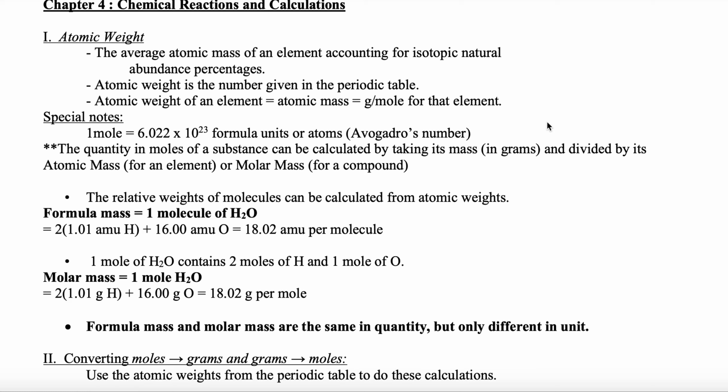Now, 1 mole is defined as a lot of atoms or molecules, 6.022 times 10 to the 23rd power formula units, or atoms if we're working with elements, molecules if we're working with compounds.